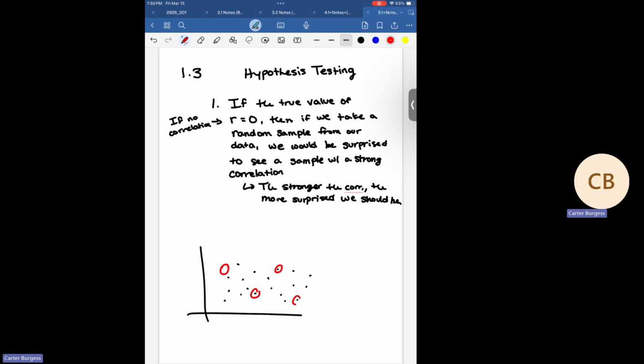We're going to get stuff like this, or maybe like this. But some of those samples aren't going to look like that. For instance, if I do this enough, I am going to get a sample that looks like this.